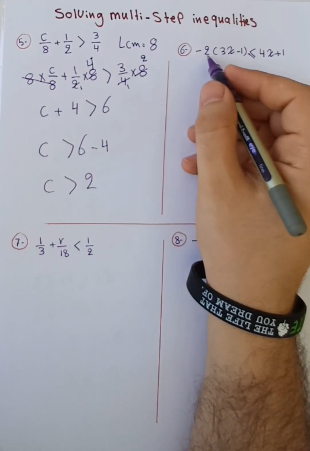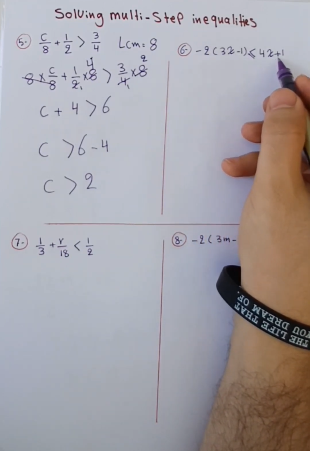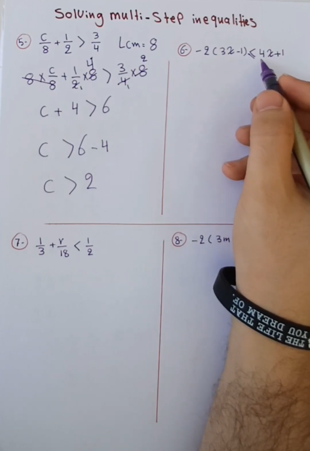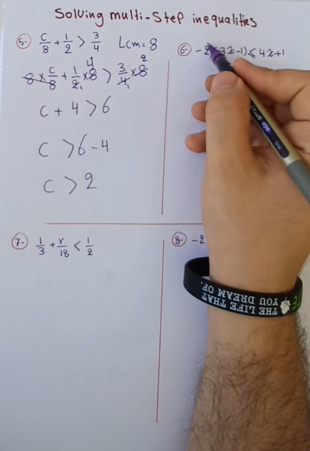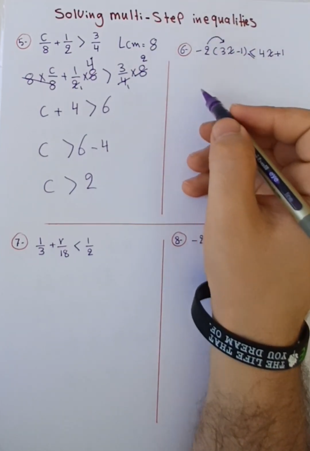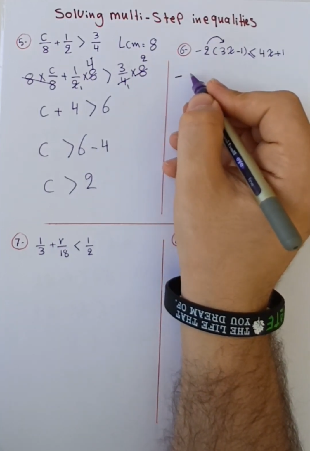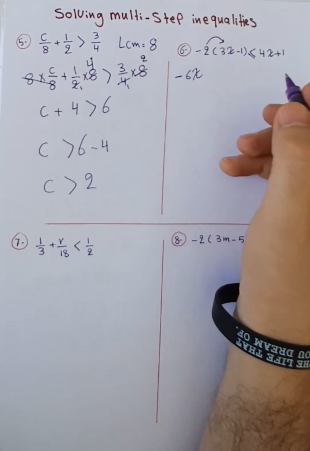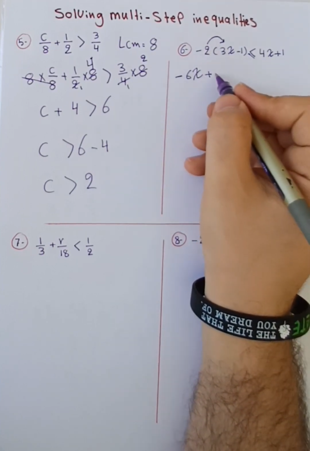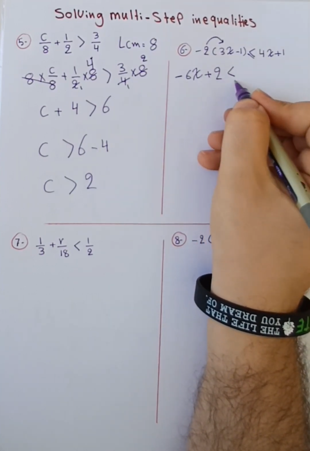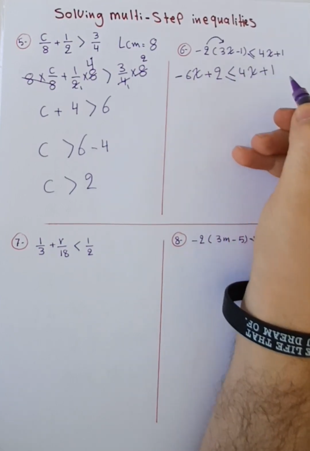Example number 6. We have negative 2, 3x minus 1, and 4x, less than or equal to 4x plus 1. First of all, we can multiply this number into the bracket. Minus 2 times 3 equals minus 6x, and then minus times minus is plus, 2 times 1 is 2, less than or equal to 4x plus 1.